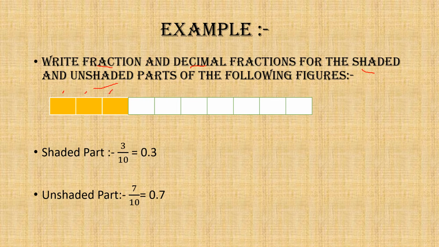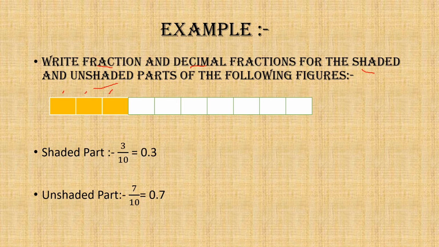So the numerator will be 3, and the denominator means the total number of parts. We can count 1, 2, 3, 4, 5, 6, 7, 8, 9 and 10. That means the denominator will be 10. So the fraction will be 3 by 10, and when we convert this fraction into decimal, we write it as 0.3.